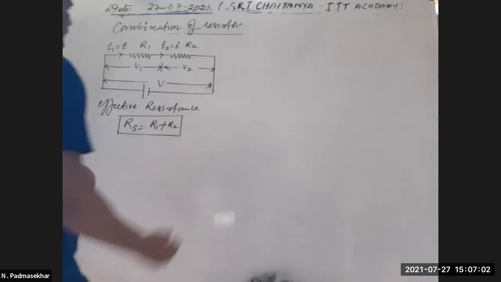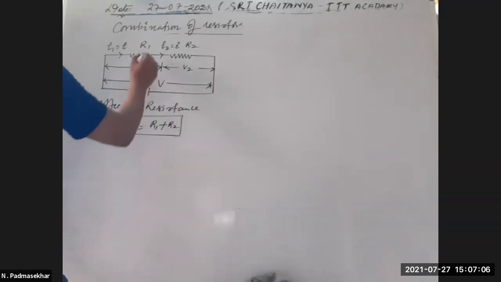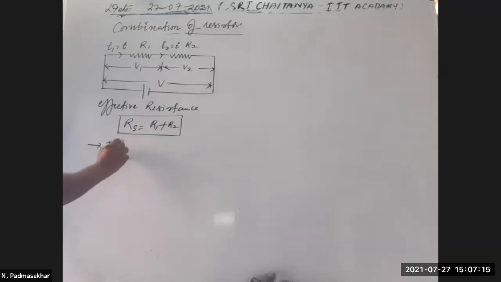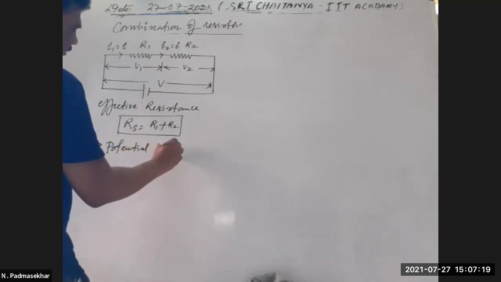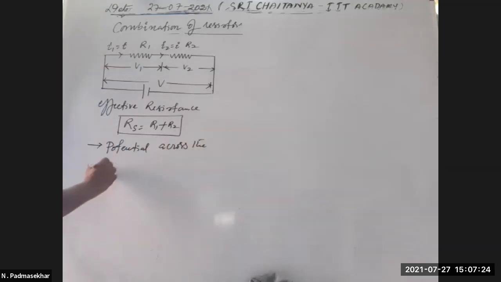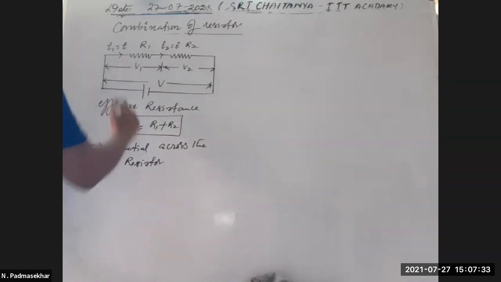ఇక్కడ మనకి, so what is the potential across the first resistor? అంటే ఇక్కడ ఏం రాయొచ్చు నేను?